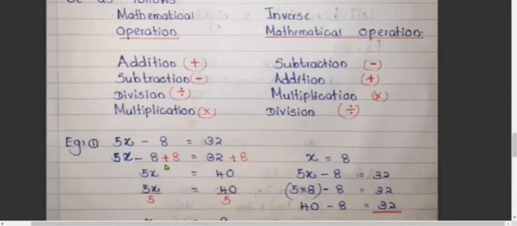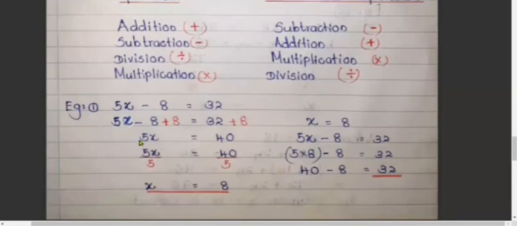When you do any operation to the left side, you have to do the same thing to the right side. Here plus 8. Then here also you write plus 8. Then when you minus 8 plus 8, 0. Then what is remaining here? 5x equals 32 plus 8 will be 40.